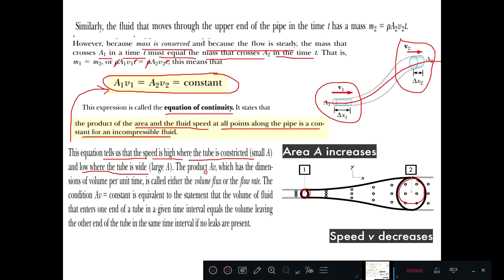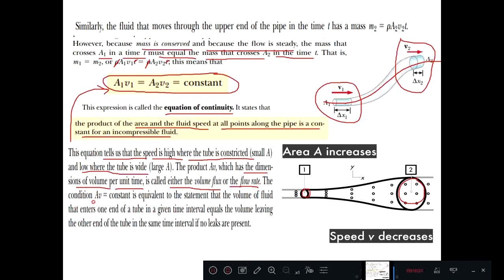The product A into V has the dimensions of volume per unit time. The area unit is meter square and velocity is meter per second, so meter cube per second. It is called either the volume flux or the flow rate.